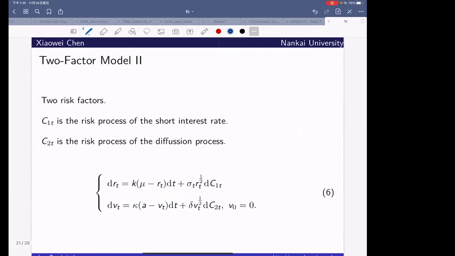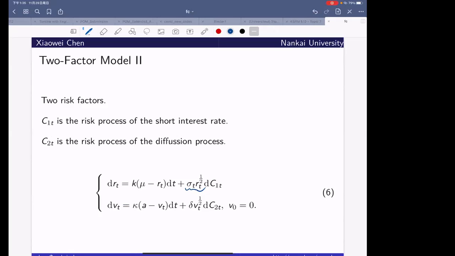And we also know that the diffusion can be different in different time periods, because at some time the government, or the Federal Reserve System, will let the SALT interest rate move with a bigger volatility, but sometimes they will make the SALT interest rate move with a smaller volatility.